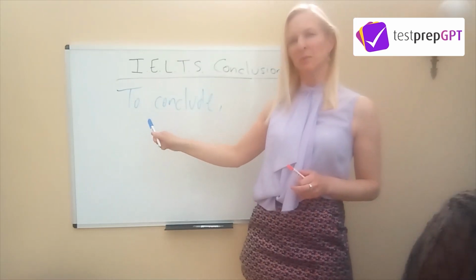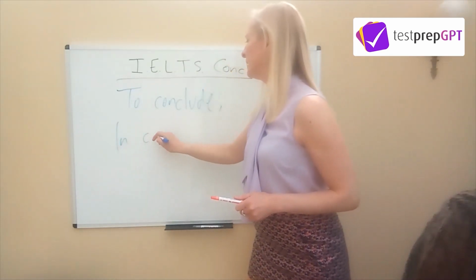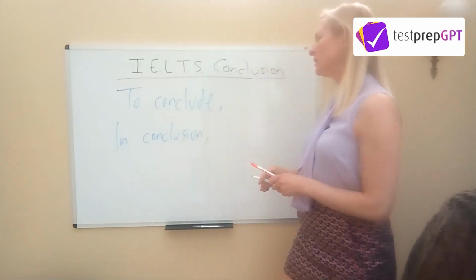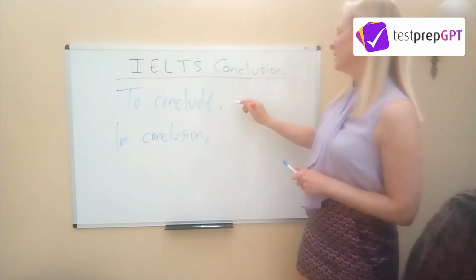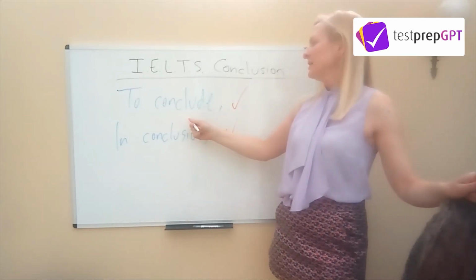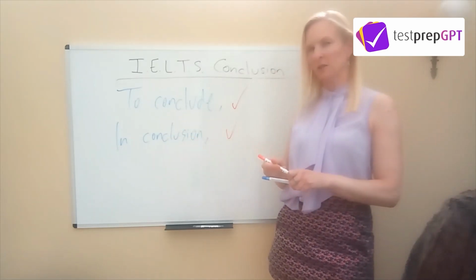This is the most appropriate linker that you can use, and also "in conclusion." So either of these linkers is good. They both work because they are formal and they are appropriate for the IELTS writing task 2.